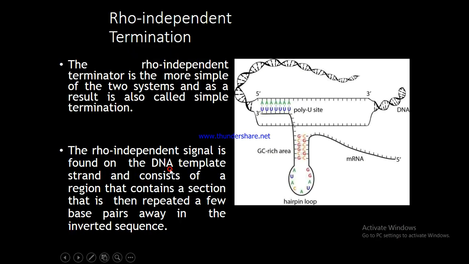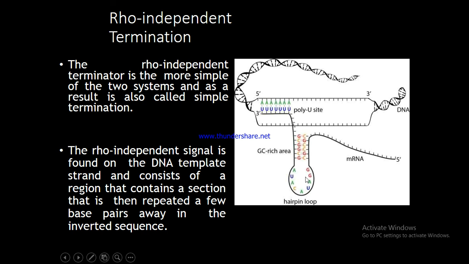So what happens in this? In the case of Rho independent, when the RNA molecule comes to the end, there are multiple inverted repeats. These inverted repeats form a secondary structure with the help of hydrogen bonds, since there are complementary sequences.